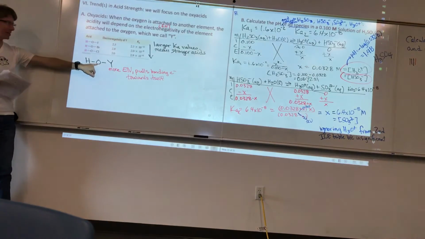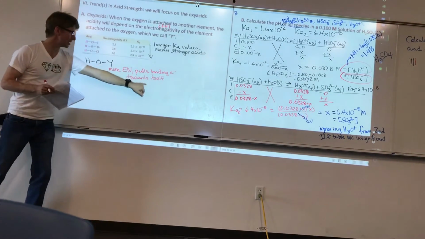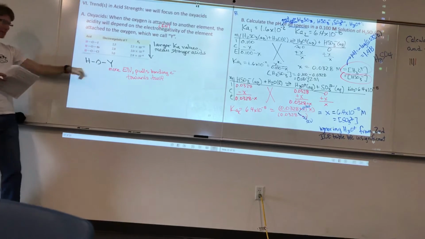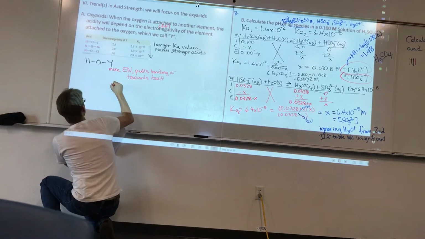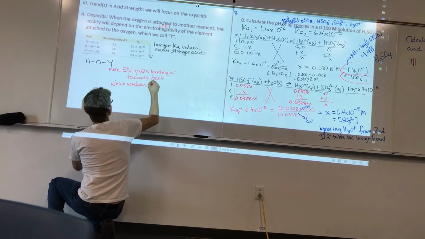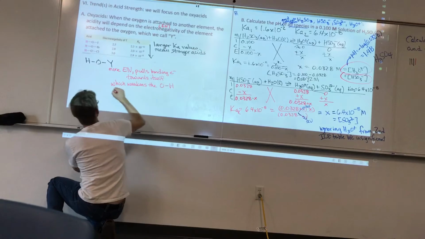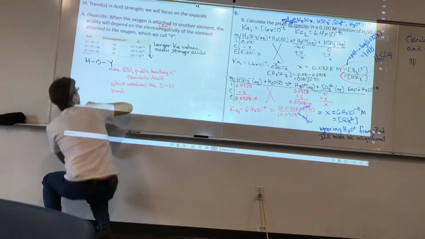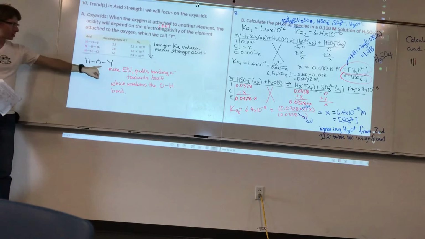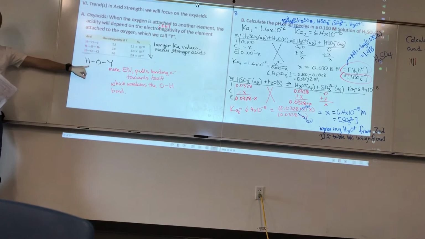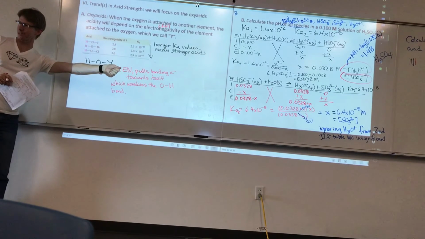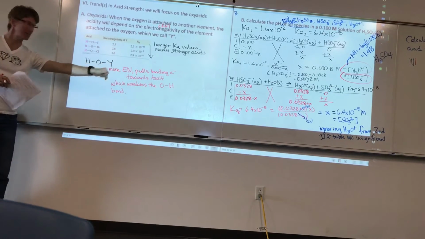That's what we're seeing here. So more electronegative pulls bonding electrons towards itself, which weakens the OH bond. Weaker OH bonds make it easier to release an H plus and make it more acidic.